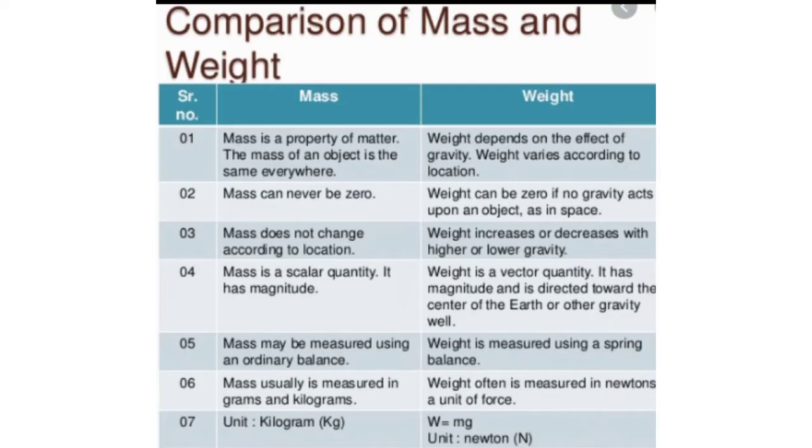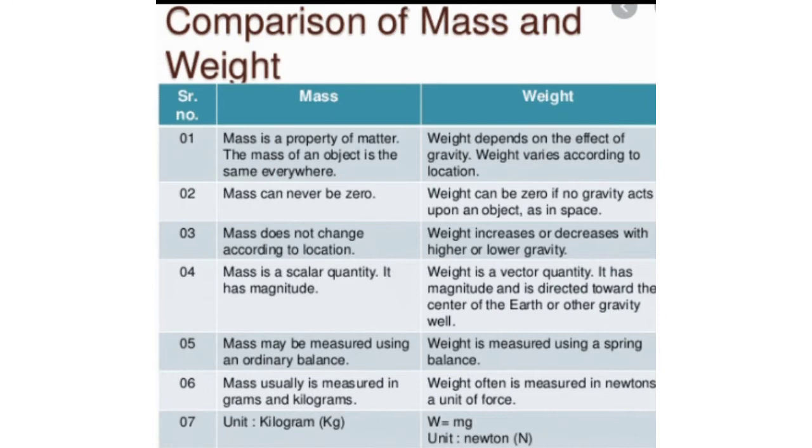Mass cannot be 0, but weight can be 0 if no gravity acts upon an object, as in space. Mass does not change from place to place. Weight increases or decreases with higher or lower gravity. Mass is a scalar quantity because it has magnitude.